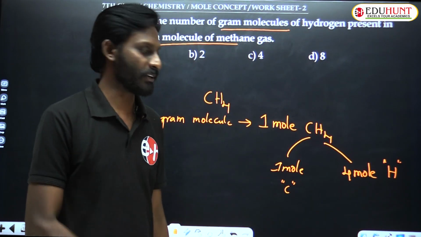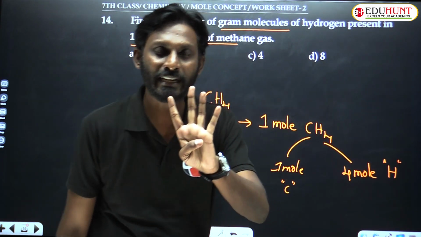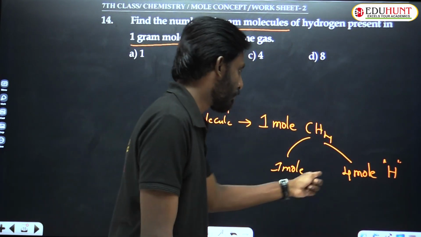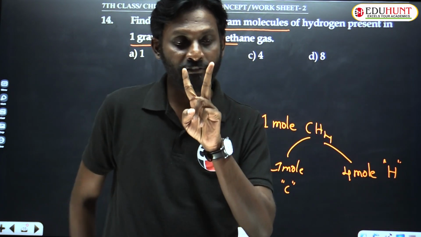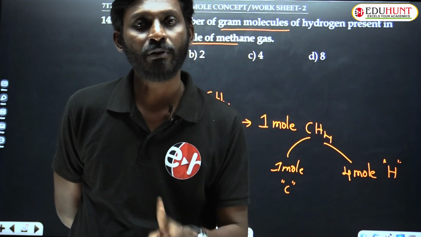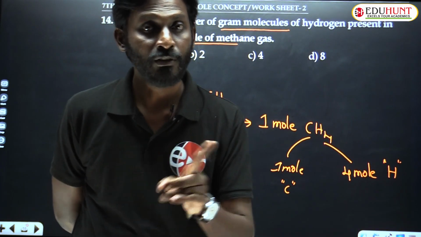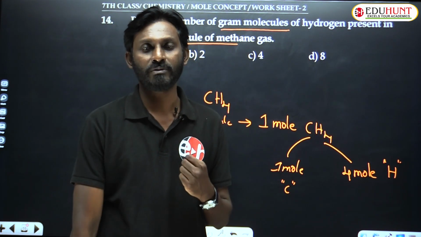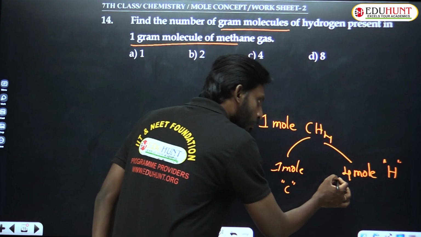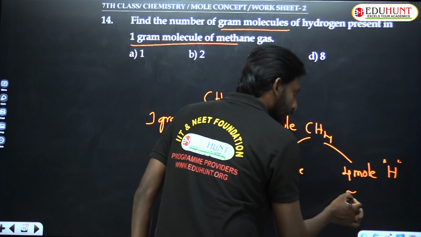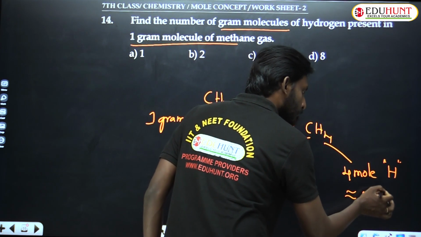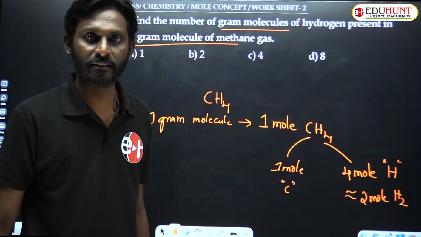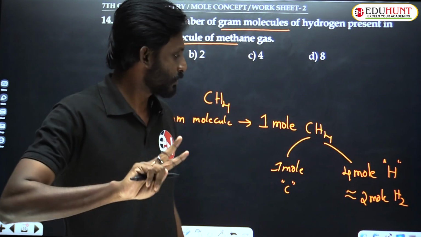But look carefully. 4 hydrogen atoms can form how many H2 molecules? Every 2 hydrogen atoms can form 1 H2 molecule. So, 4 hydrogen atoms can form 2 H2 molecules. So, 4 mole H can be written as 2 mole H2.